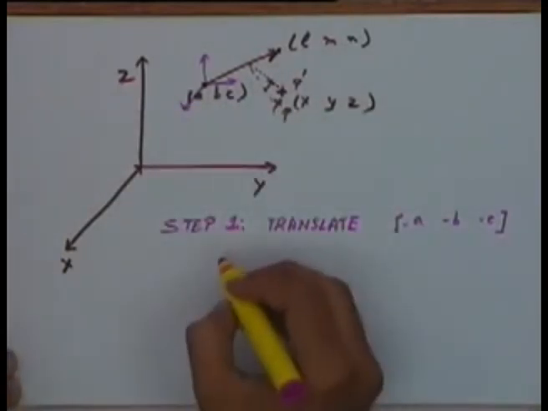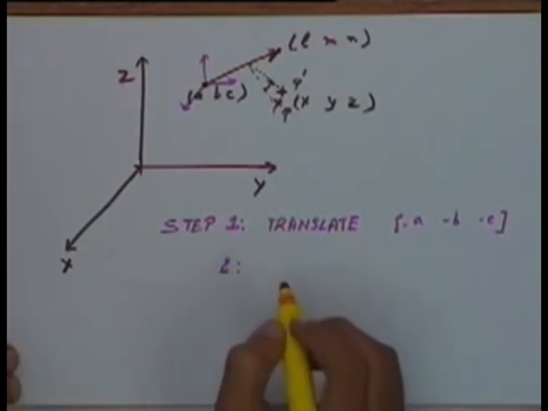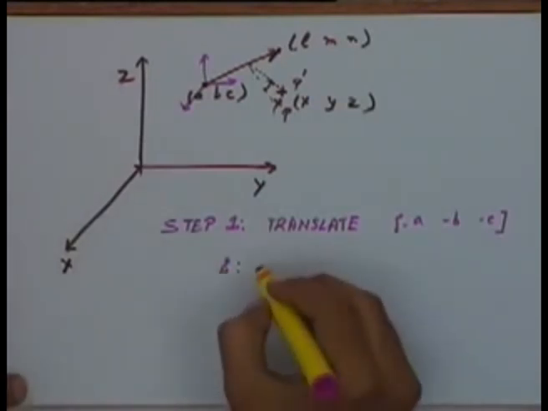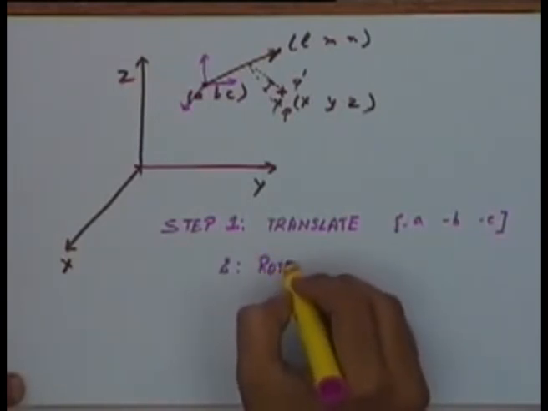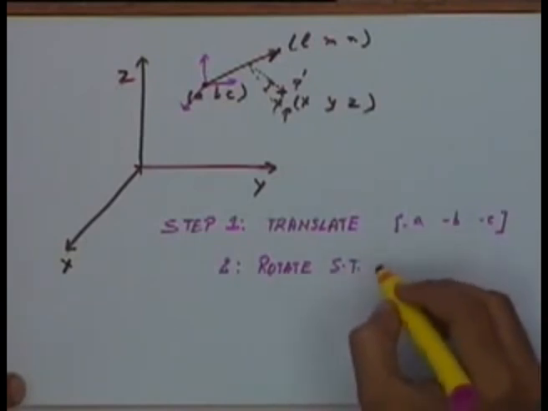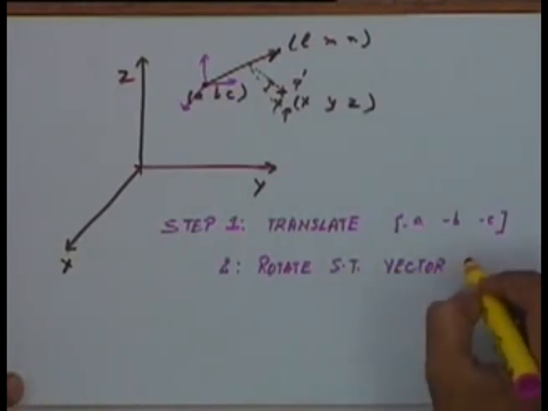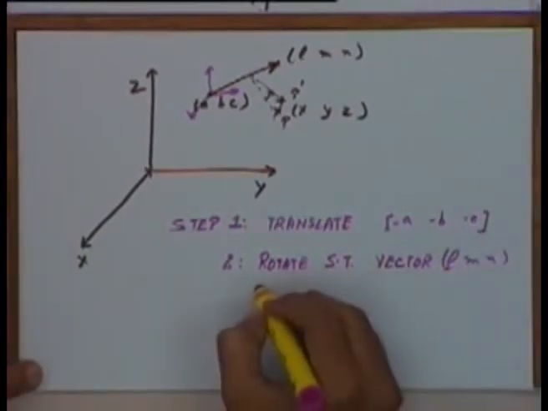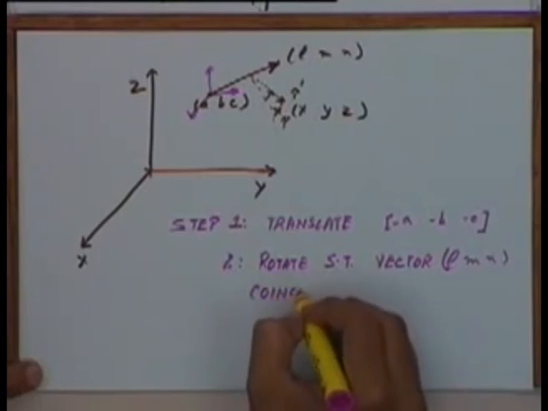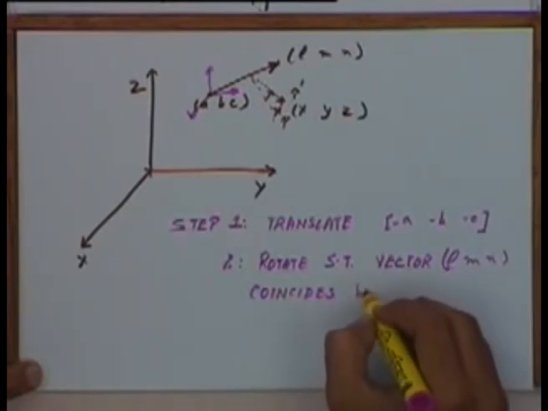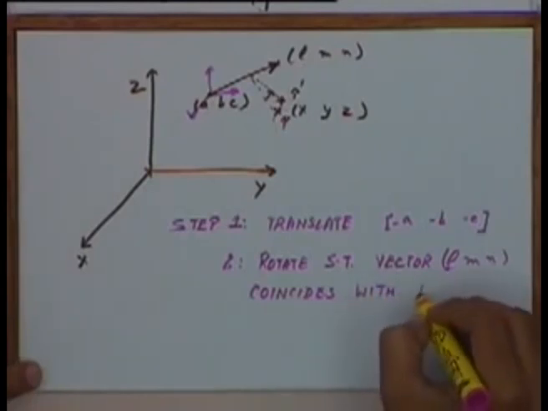What is the next step? We rotate such that the vector coincides with one axis, any axis.